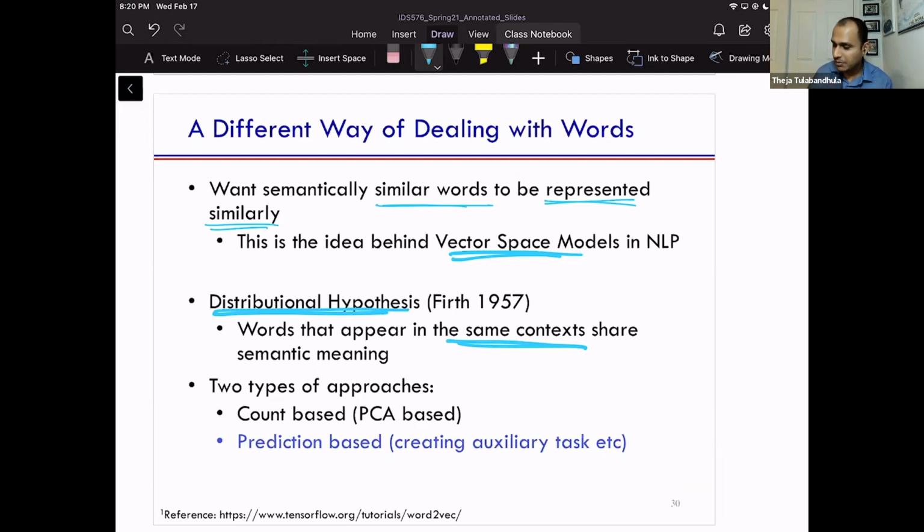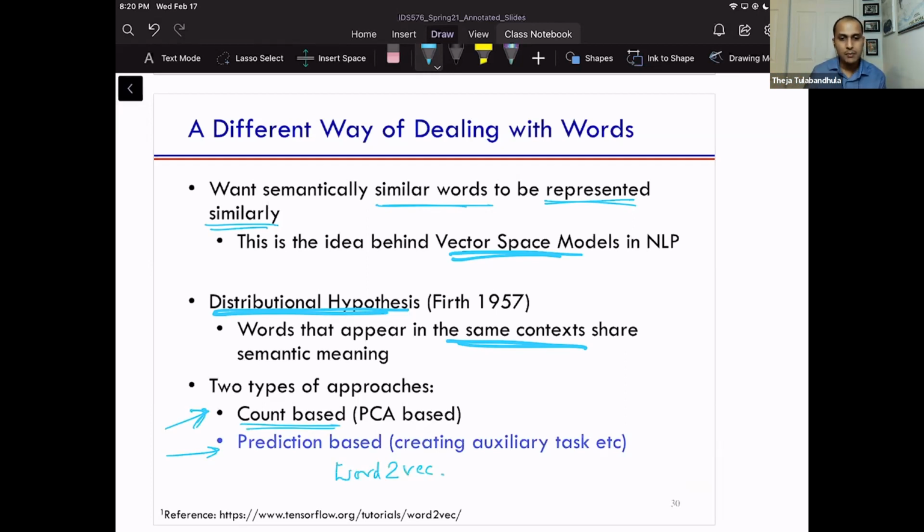Okay, there are a couple of approaches to get to these word vectors, which can capture semantic similarity. One of them is a count-based model. It's actually just a traditional model. We are not going to spend time on it. The one highlighted is the one which we're going to talk about, and this is where Word2Vec falls.